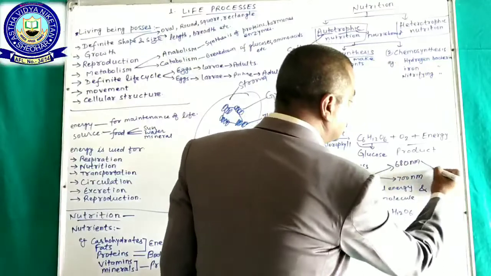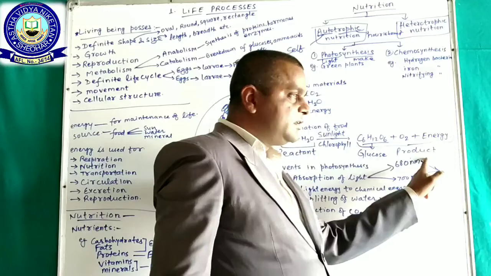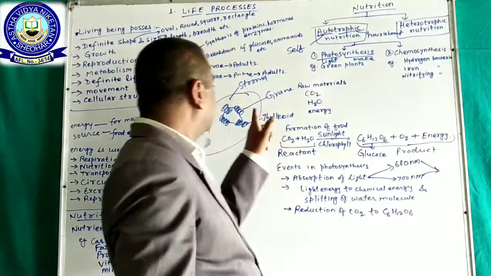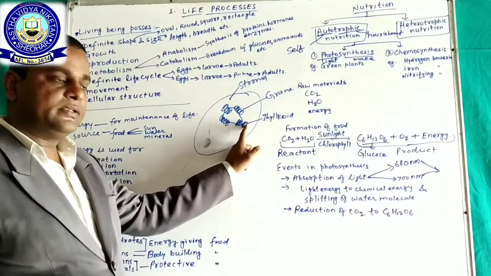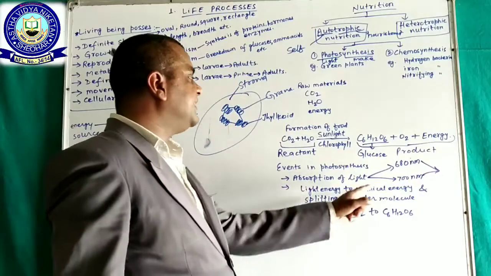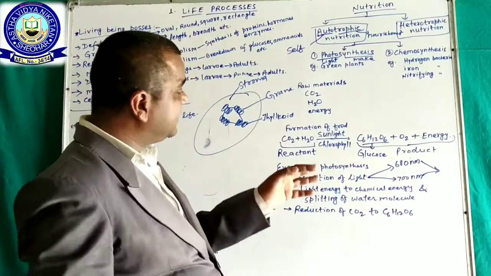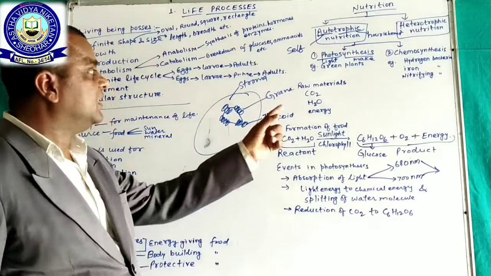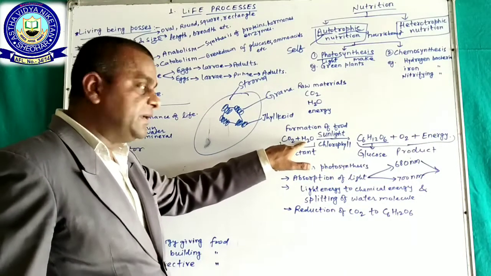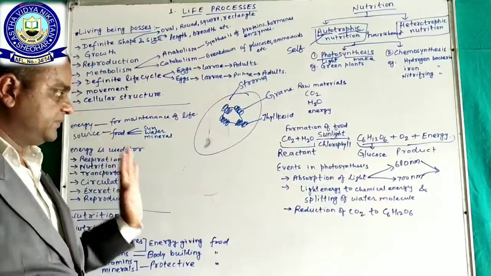Only these types of wavelength are absorbed by the thylakoid. Now, in this process light energy is converted into chemical energy, and one thing is very specific here: water is split. A splitting of water molecules takes place.